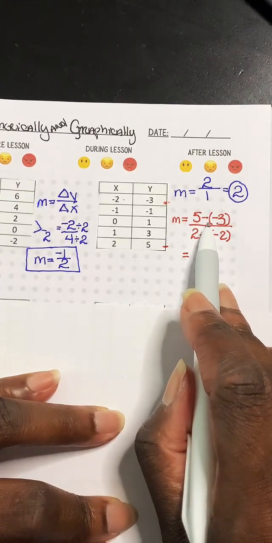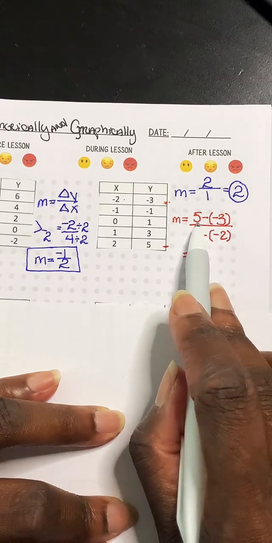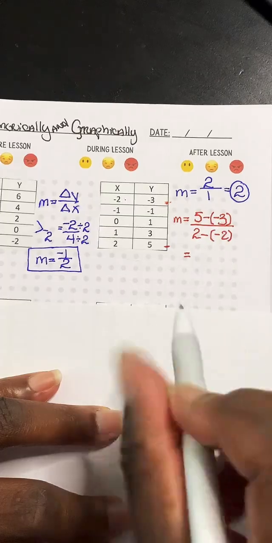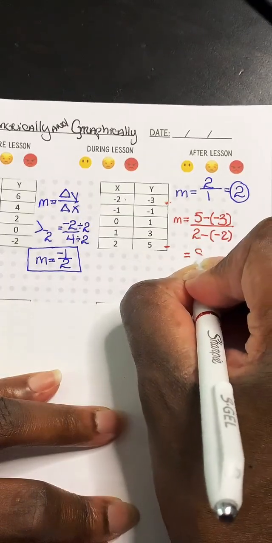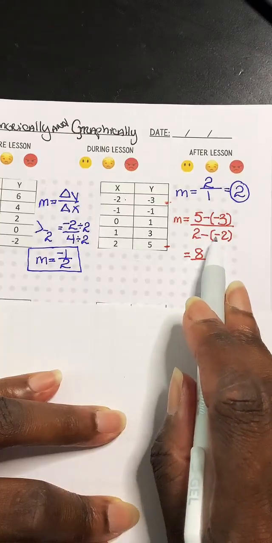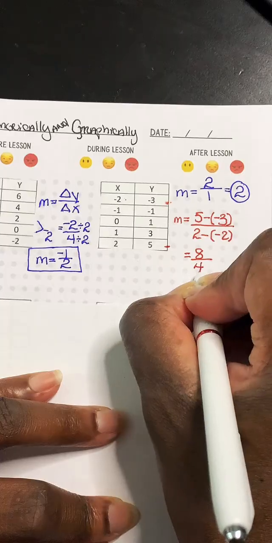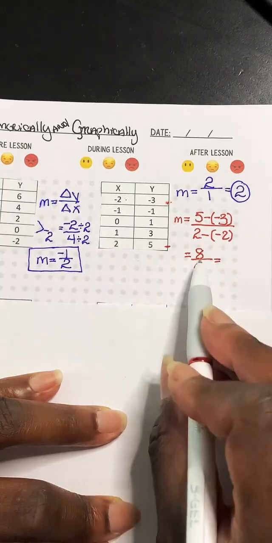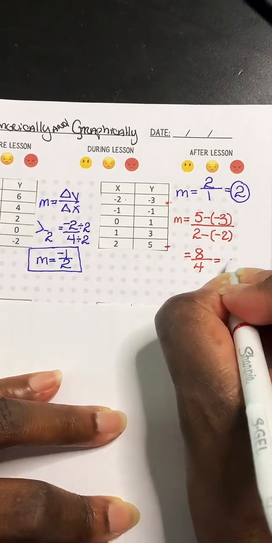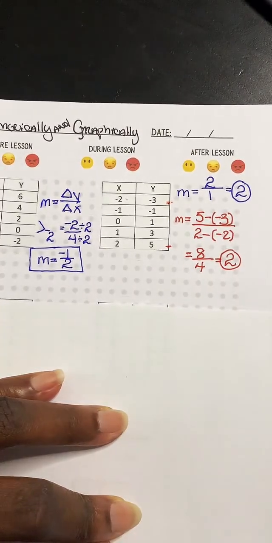That means it's going to turn to a positive. So when you minus a negative, we got 5 plus 3, which gives me 8. Then when you minus a negative down here, that's 2 plus 2, that gives me 4. And then 8 divided by 4 gives me an answer of 2.